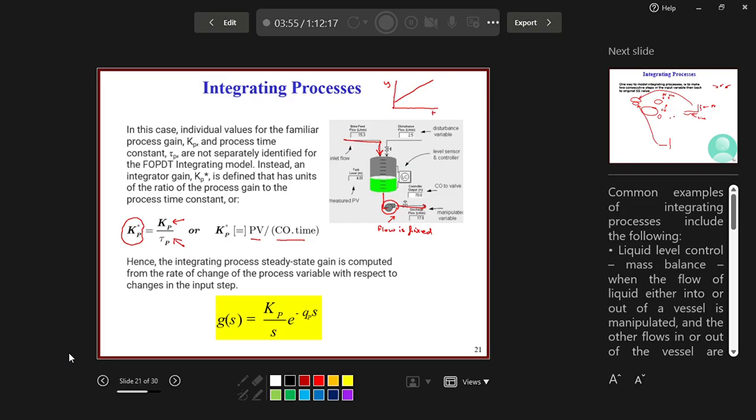So the integrating process actually has no steady state gain, but it has a gain that is calculated in this way by finding the slope of the curve between two particular time points. Let's have an example and see how we can model an integrating process.